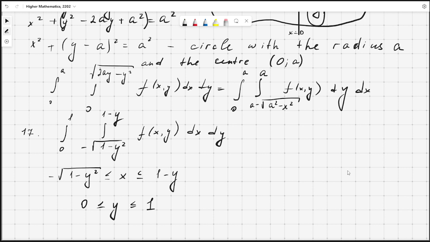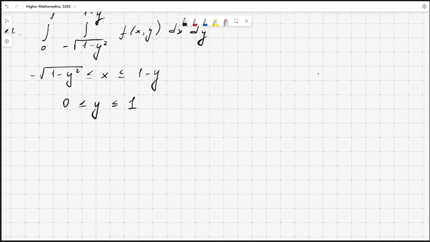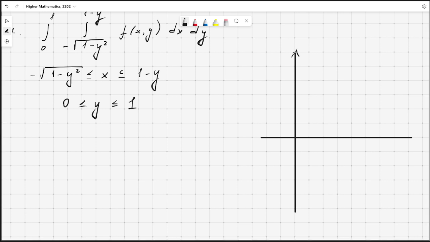Plot these lines and curves. Y axis, x axis. The first, x is minus square root of 1 minus y squared, x negative.